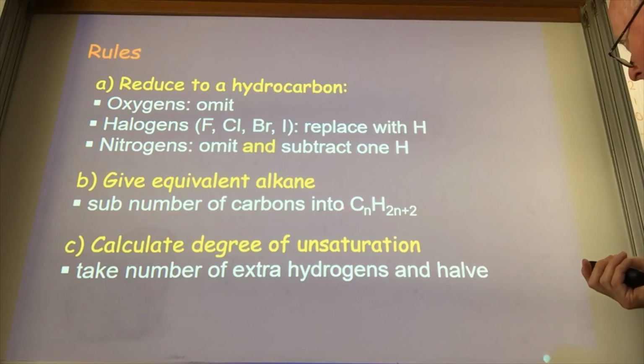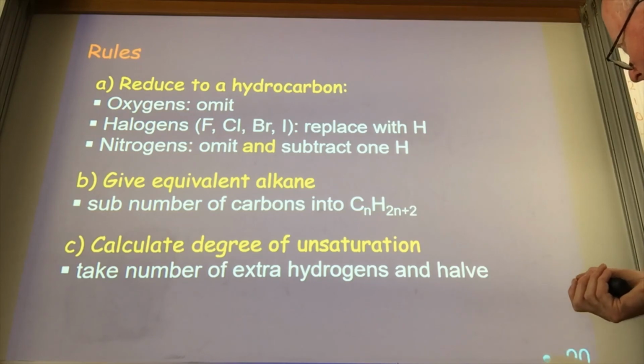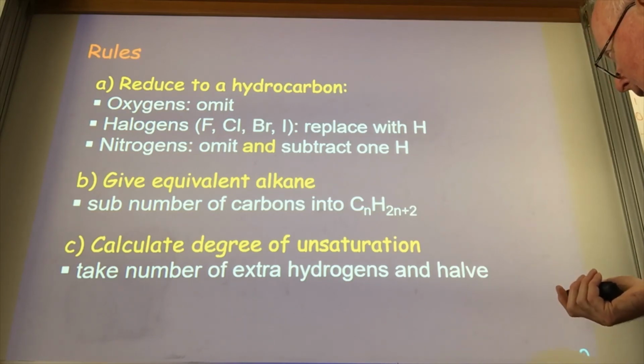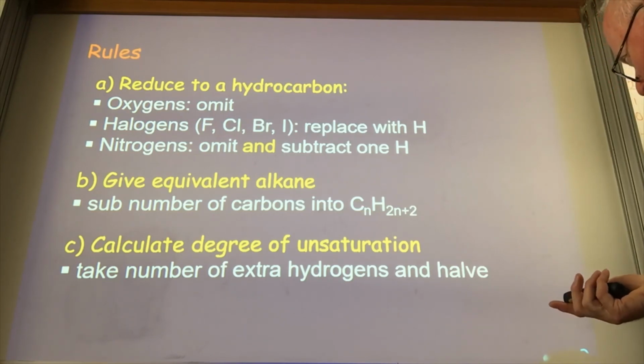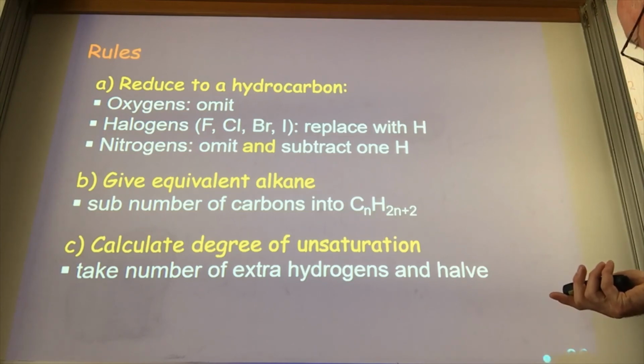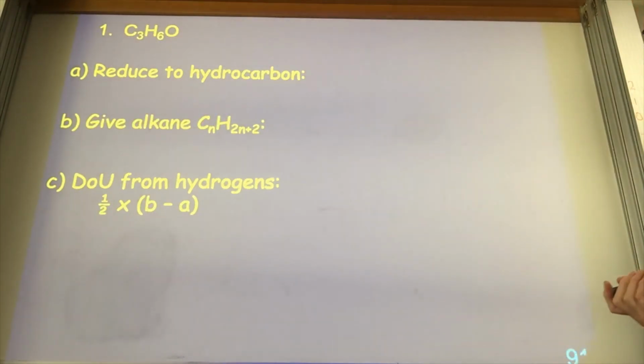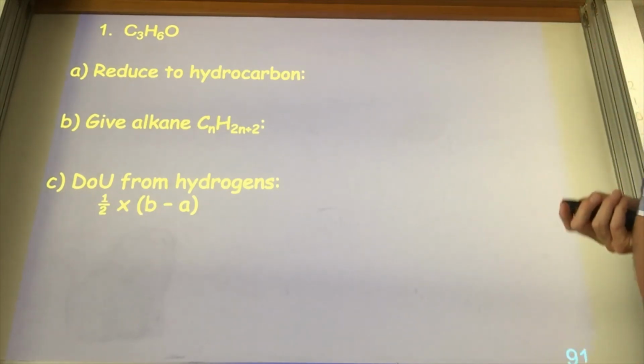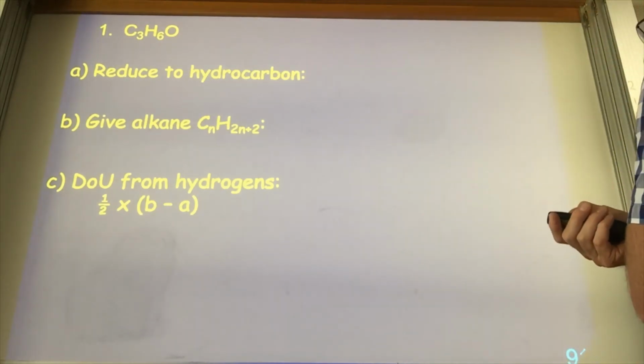Now that gives you the formula of a hydrocarbon. You then compare it to the alkane with that many carbons. Then there'll be a difference in the number of hydrogens usually. Every 2 hydrogens less is 1 degree of unsaturation, usually 1 double bond. It becomes easy when you actually see it done.